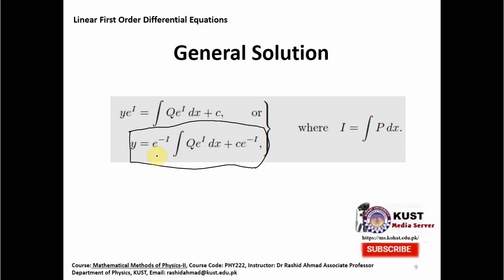We now just have to use this integrating factor, and if we know the q, we can solve the equation very easily. So in this first part of the lecture, I have given you the general definition of a linear first order differential equation.